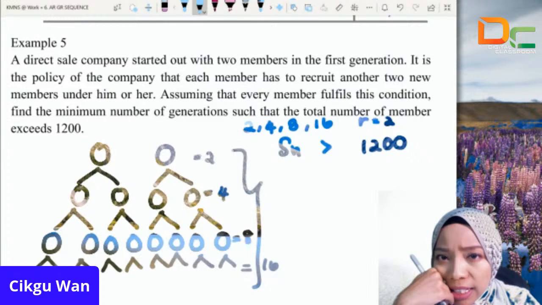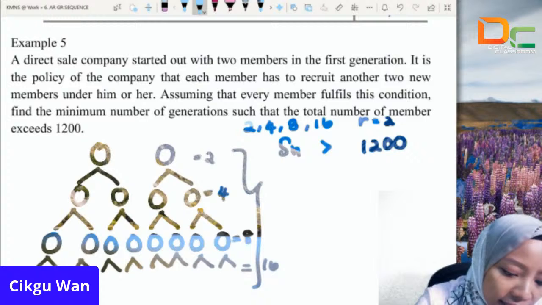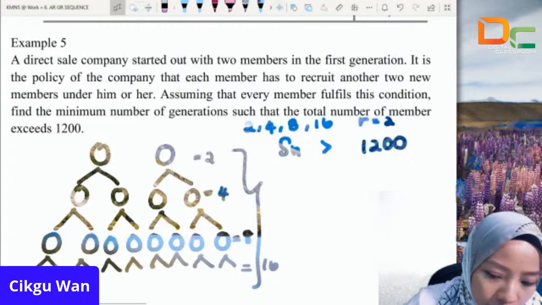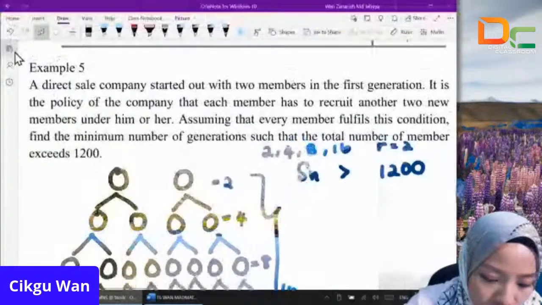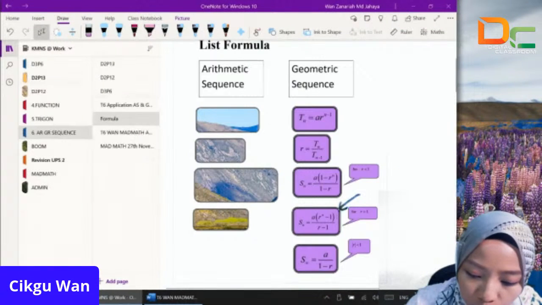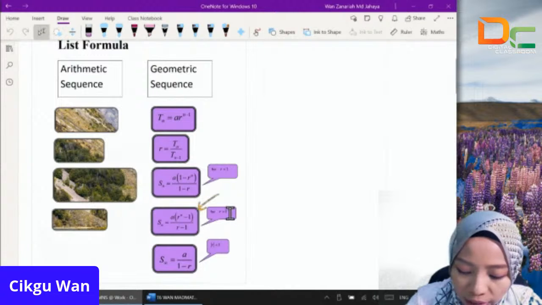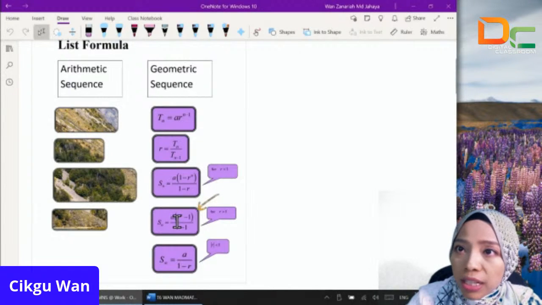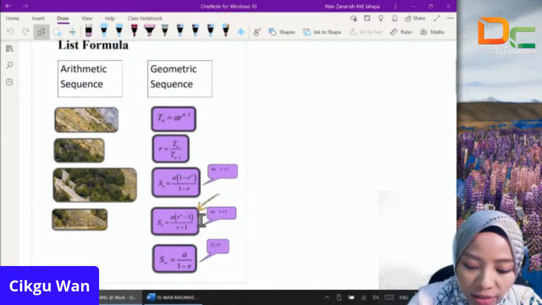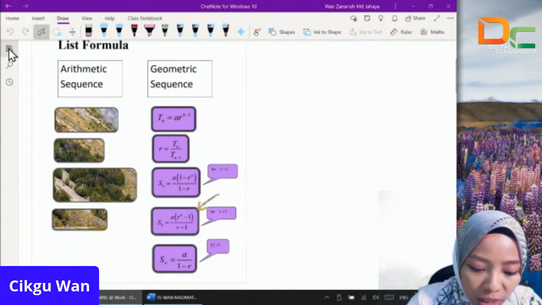As Sarimi mentioned, and I also shared in the group, if r is greater than 1, as in our case, this is the formula we use: a(r^n minus 1) over r minus 1.